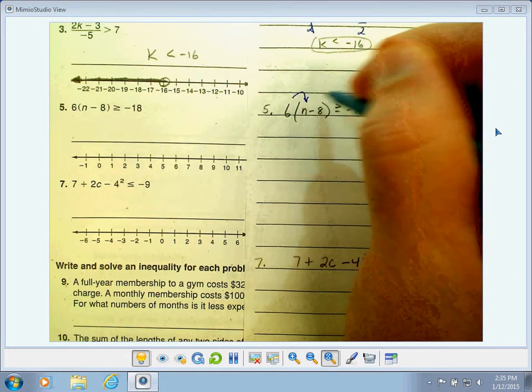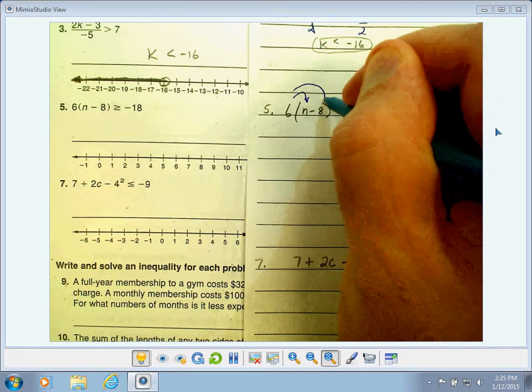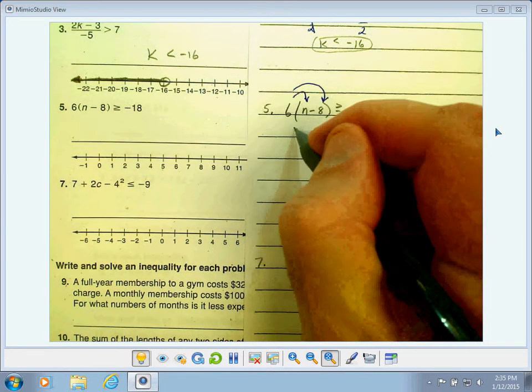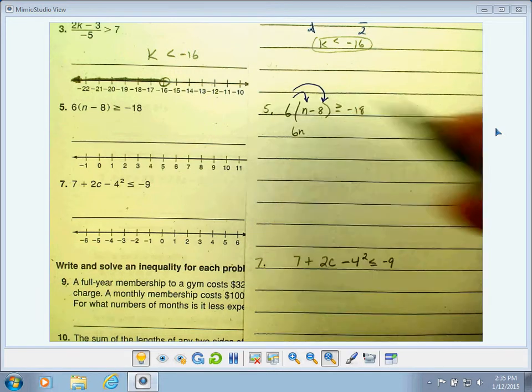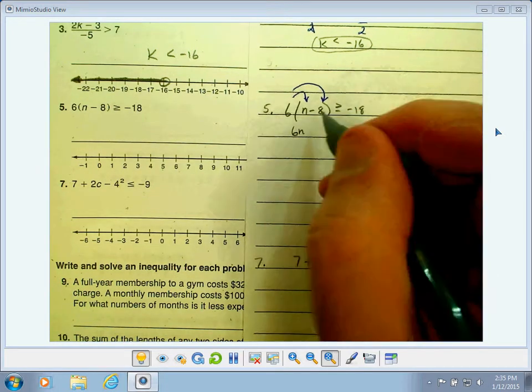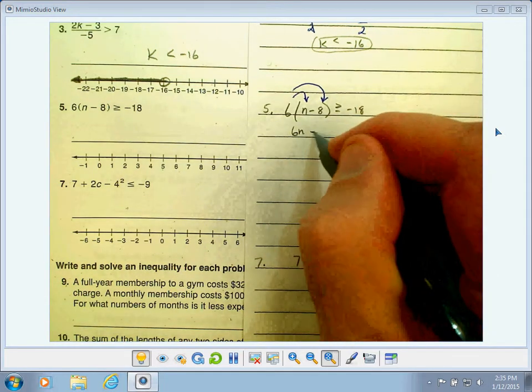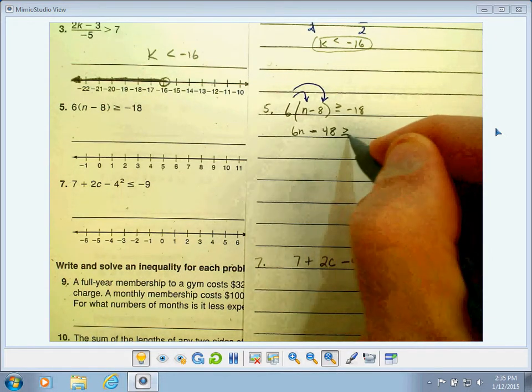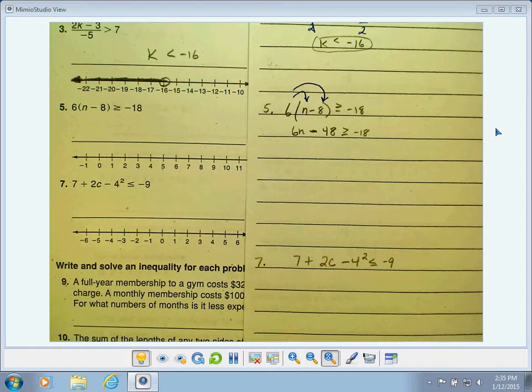So times the n, and also times the negative 8. So if I do that, I'm going to get 6n, 6 times n is 6n, and then 6 times negative 8 is still going to be negative, but it'll be 48 greater than negative 18. So all I did was a little simplifying before I start solving the problem out.